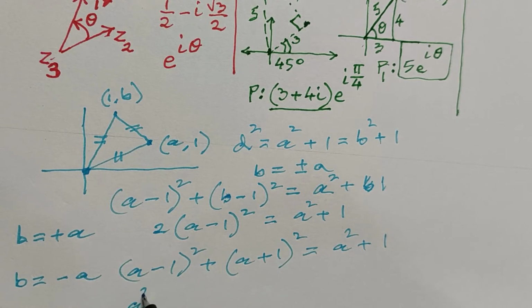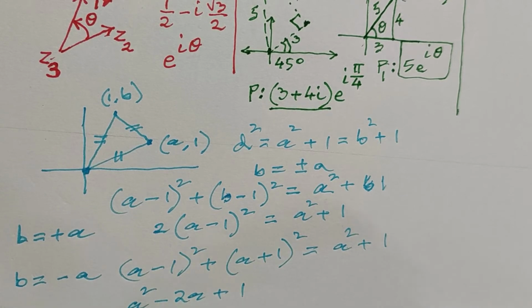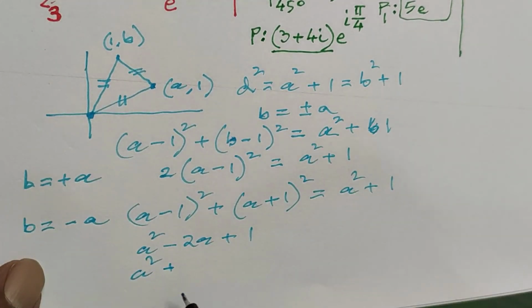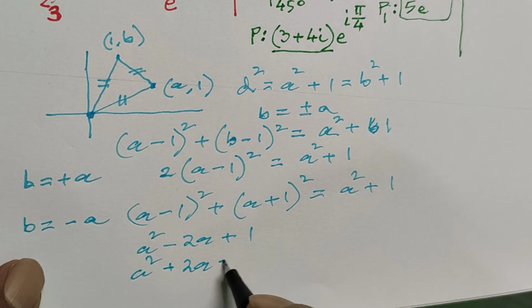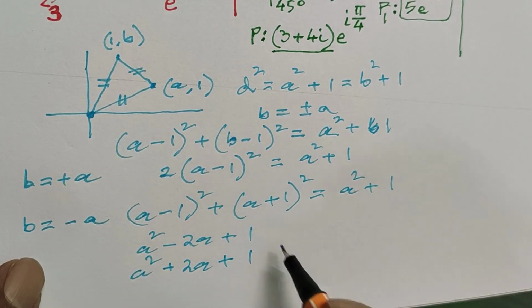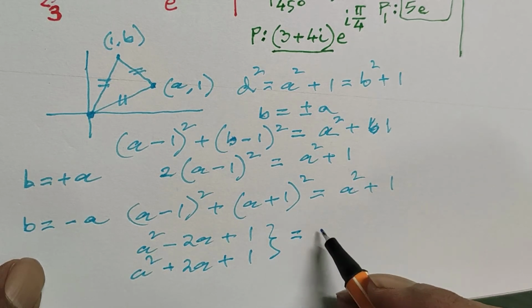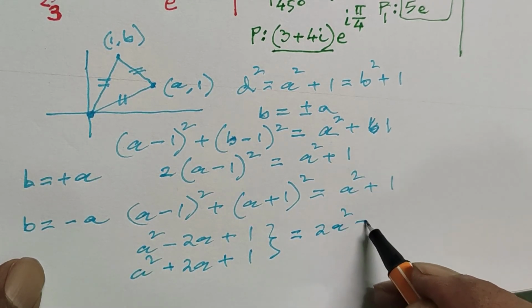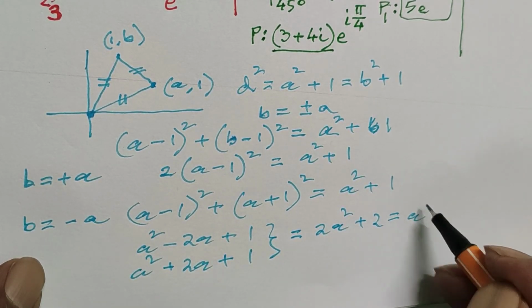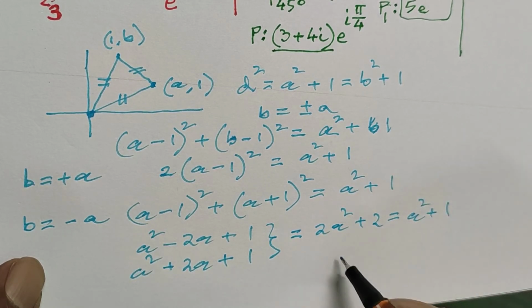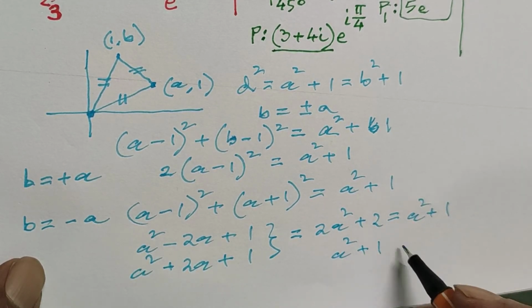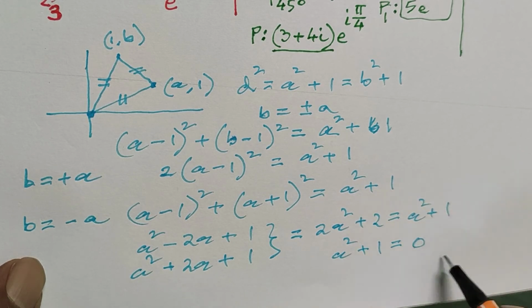We get a square minus 2a plus 1 and a square plus 2a plus 1. It is better to write vertically because adding becomes very simple, and so this is equal to 2a square plus 2, and this side is a square plus 1, so it becomes a square plus 1 equal to 0.